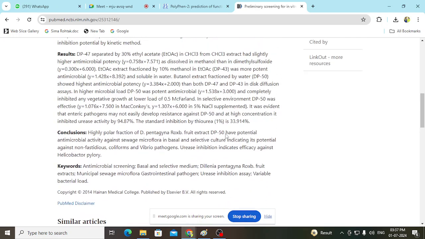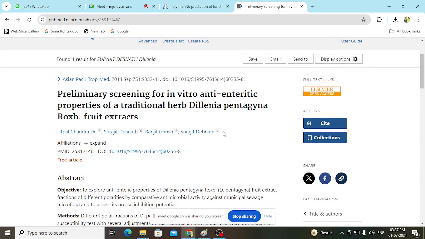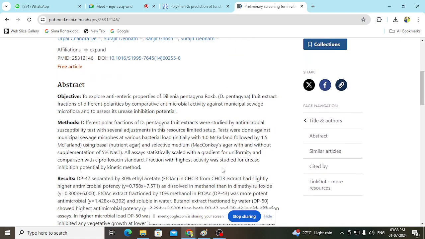There is no simulation at all. As you can see here, the title is preliminary screening for in vitro anti-enteric properties of a traditional herb, Dillenia pentagyna fruit extract. We conducted this research long back, approximately in 2014, so it has been more than 10 years. What exactly are we trying to figure out?